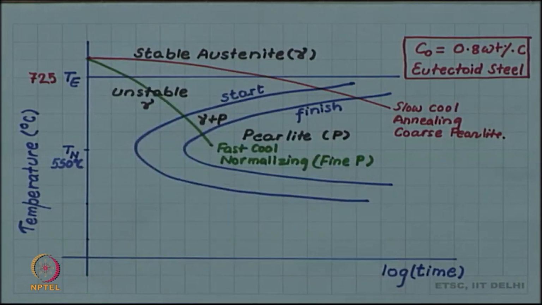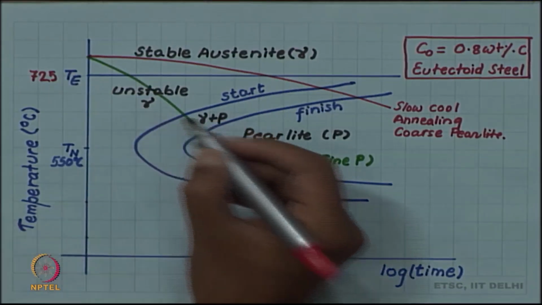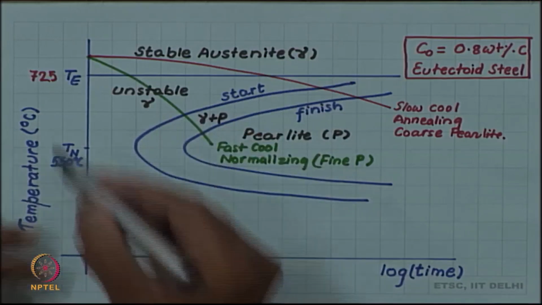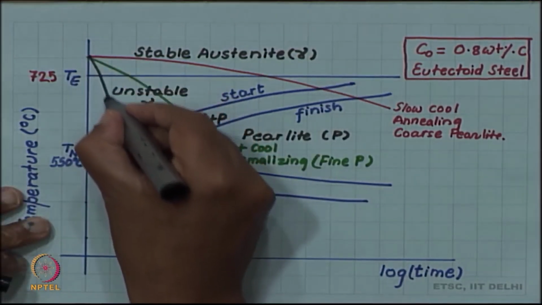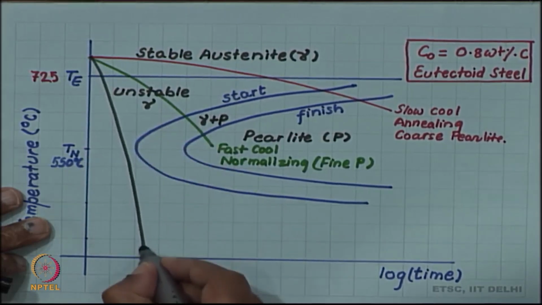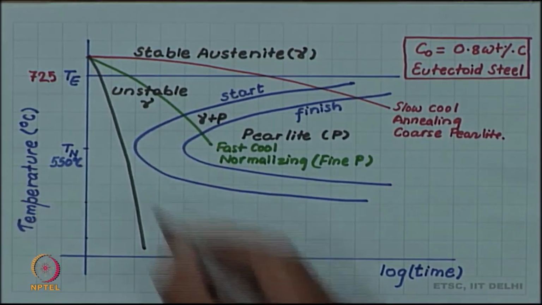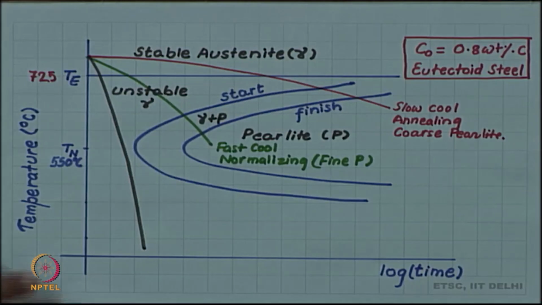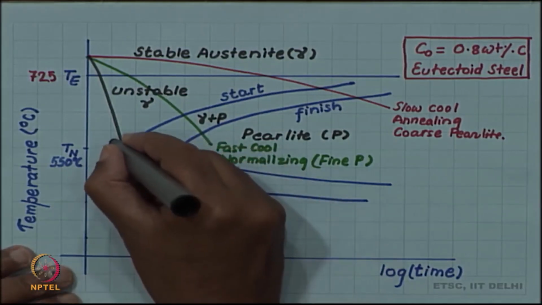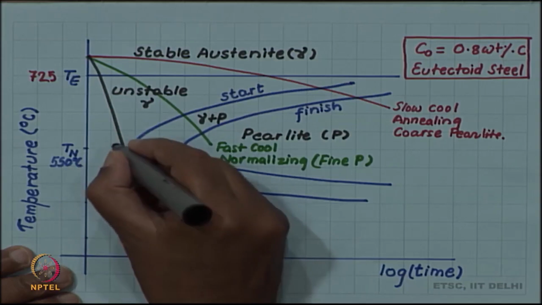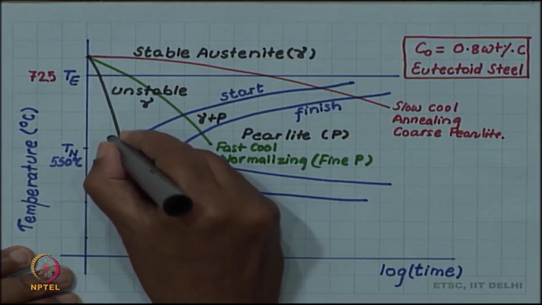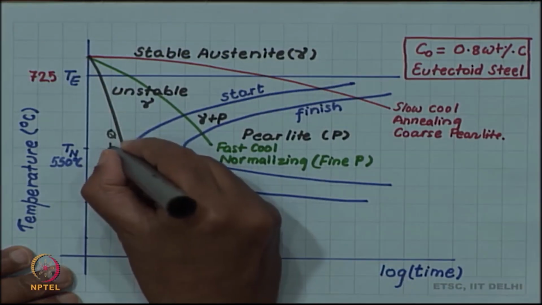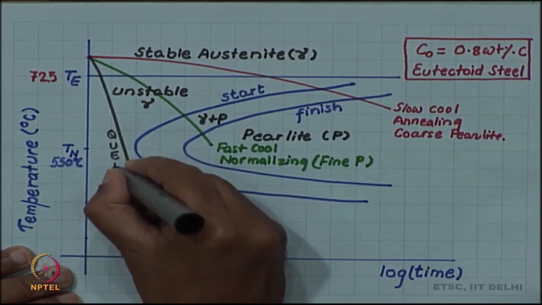If you start cooling faster and faster, then you may achieve an extremely fast cooling rate, let us say now represented by this line, that I miss the nose of the C curve. This kind of treatment which gives you extremely fast cooling is called quenching. So, I am quenching the steel now.